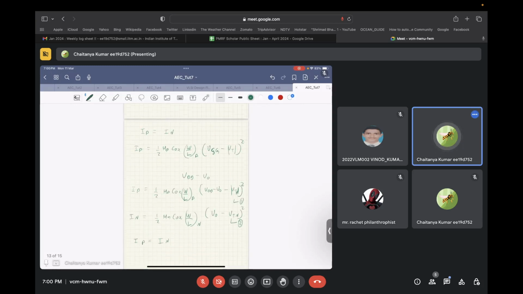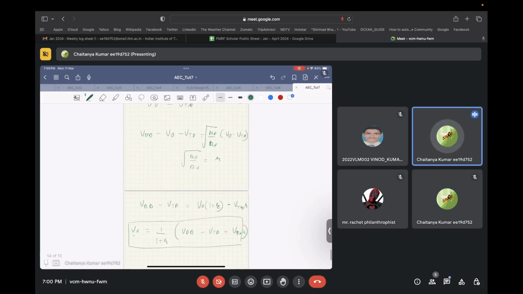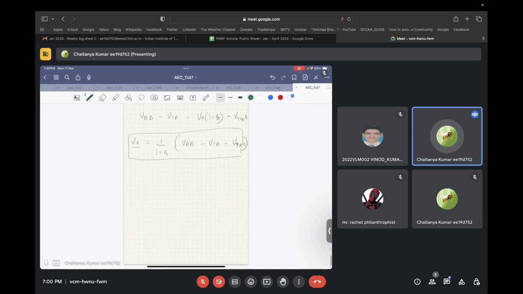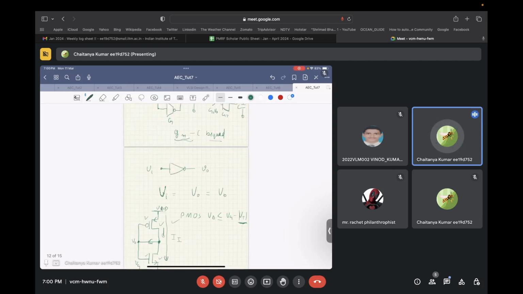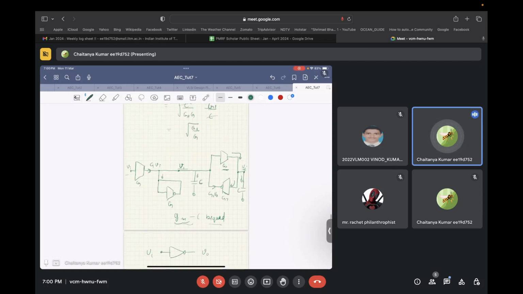At this particular voltage, when input and output both have this voltage, both PMOS and NMOS will be in saturation, and the inverter can behave as an amplifier. Now let's come back to our original problem, that we wanted to make this circuit using inverters and capacitors.